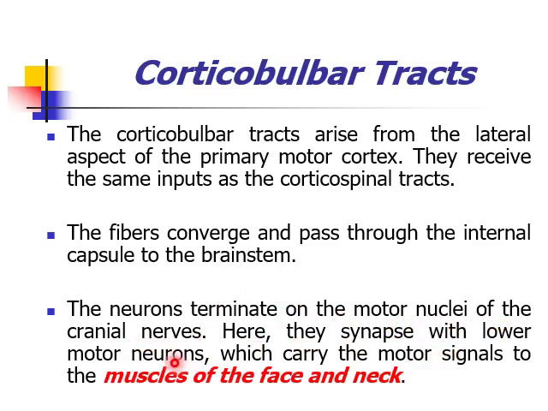Here they synapse with lower motor neurons, which carry the motor signals to the muscles of the face and neck. And as we said, the fibers coming from one cerebral cortex are bilaterally represented on the nuclei of both sides of the cranial nerve. So if one side of the cerebral cortex is damaged, usually the cranial nerves are spared because the other side is working on both nuclei.